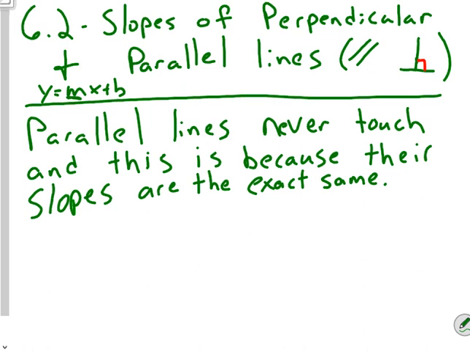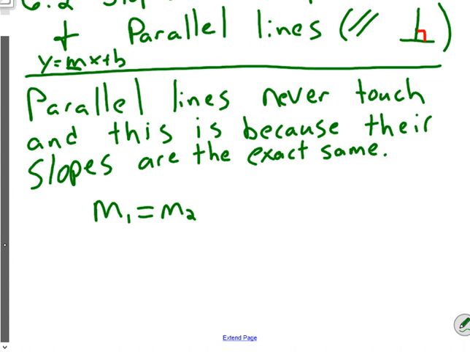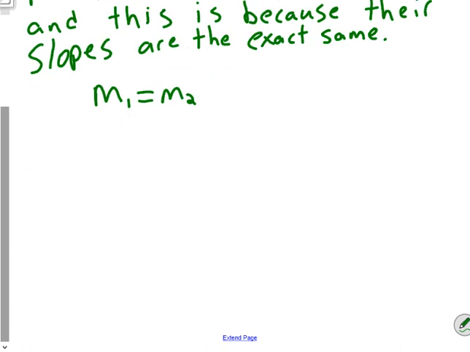Okay, it's not S. So all you do is you'd say that the slope, you put a little 1 there for line 1, equals the slope of line 2. Yeah. M is the symbol for slope.